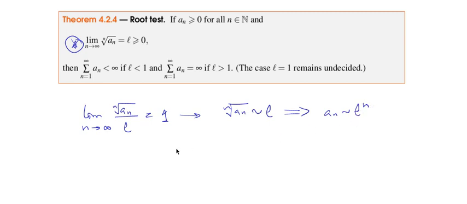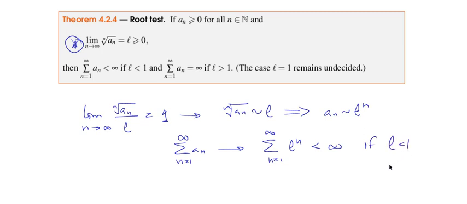So that means that the convergence of this series, a sub n, is the same as this series, n equals 1 to infinity of L to the n, right? And this is the geometric series. We know that this is convergent if L is smaller than 1, okay?